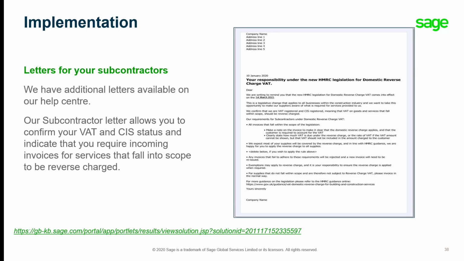So to assist you when determining where domestic reverse charge applies, we have some additional letters available for you to install and use. Both of these letters can be found on our CIS Help Centre or via the link on the bottom of the page. Our subcontractors letter allows you to confirm your VAT and CIS status and also indicate that you require incoming invoices for services that fall into scope to be reverse charged.